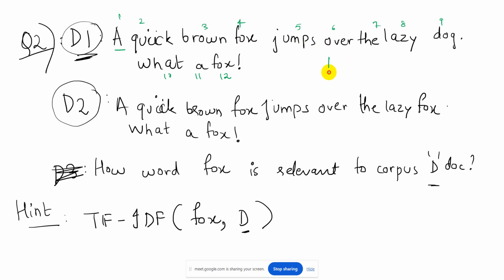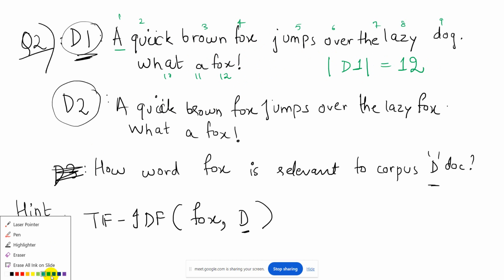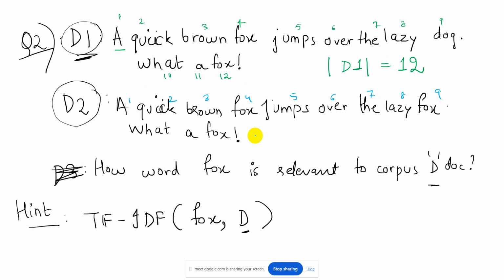You just see how many terms are there in the document D1. So that is 12. And in the second document, similarly, 1, 2, 3, 4, 5, 6, 7, 8, 9, 10, 11, 12. Again, it turns out to be 12. So this is the cardinality of the terms in the second document.